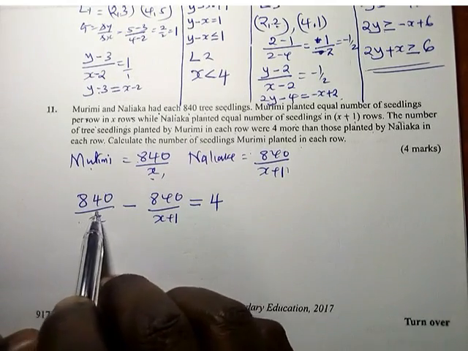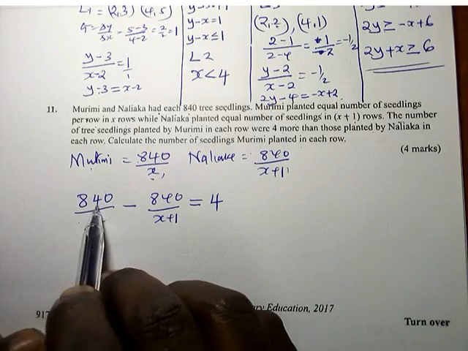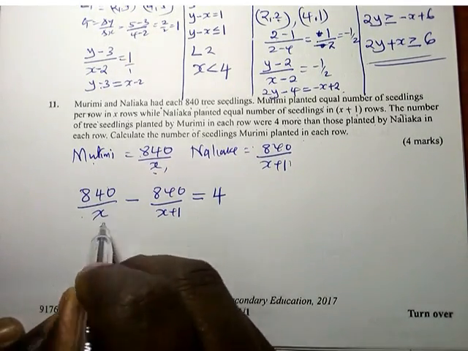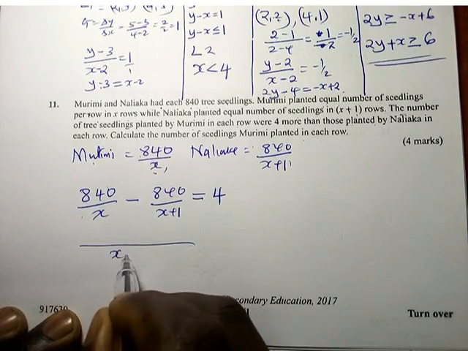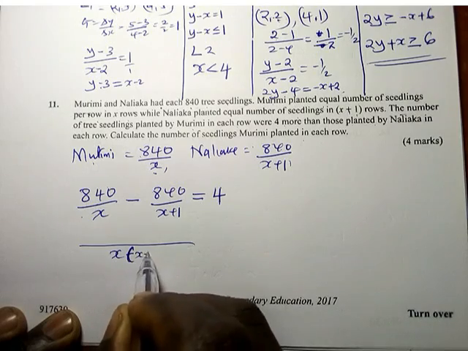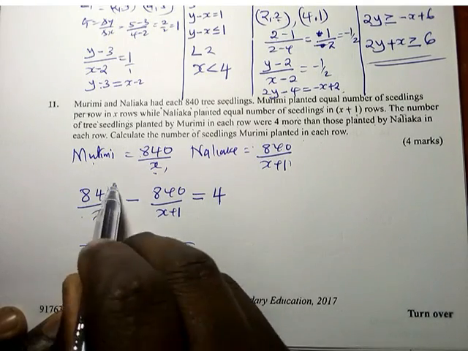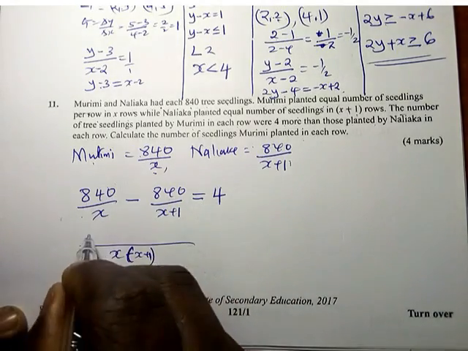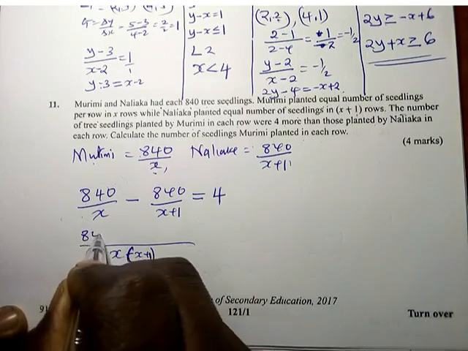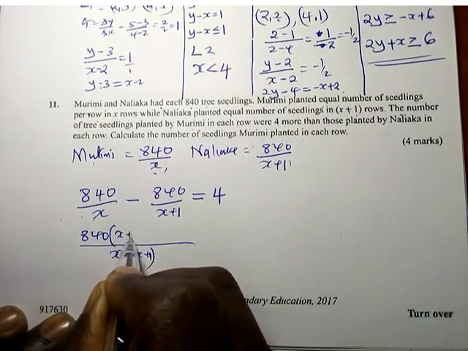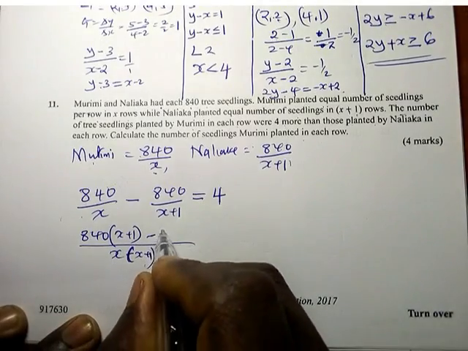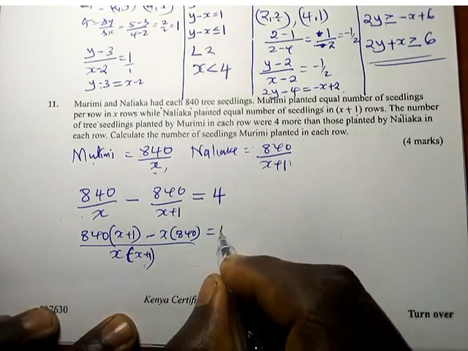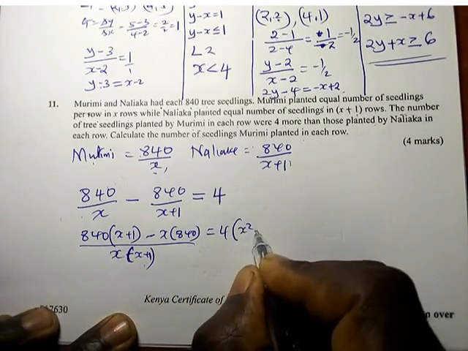Because Mulimi planted 4 more. Now we have the LCM, which is x into x plus 1. We multiply each term by the LCM. So we will have 840 into x plus 1 minus x into 840 equal to 4 into x squared plus x.